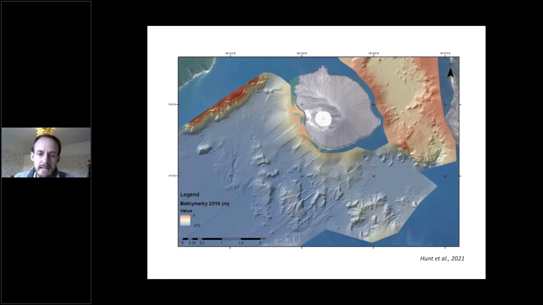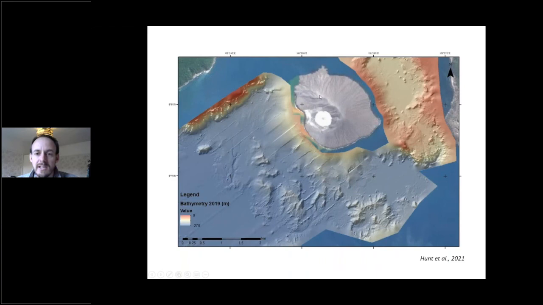So what happened in 2018 is the southwestern part, the part that was perched on the caldera margin, failed and was transported to the southwest. Now, what you can see might be slightly confusing. What this image actually shows is the bathymetry, the topography of Anak Krakatau in January 2019, when it had already regrown to some extent.